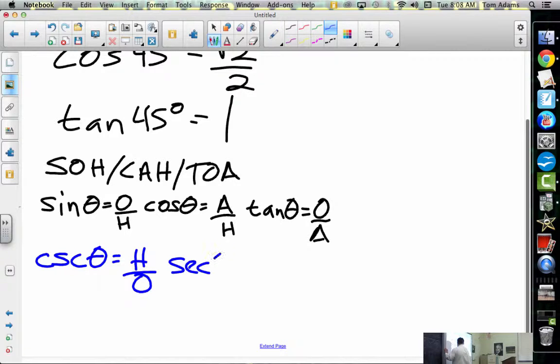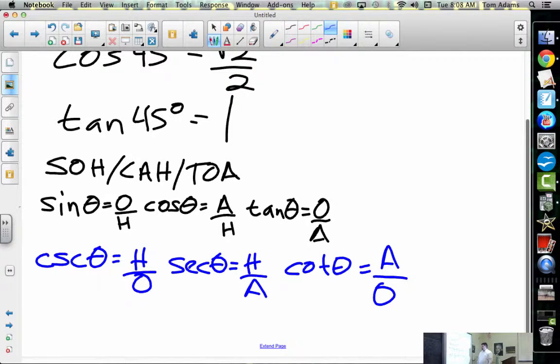The reciprocal of cosine is secant, which is the hypotenuse over the adjacent, and then cotangent of theta is equal to the adjacent over the opposite. Right?